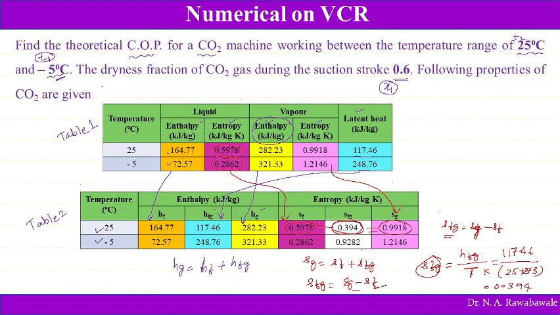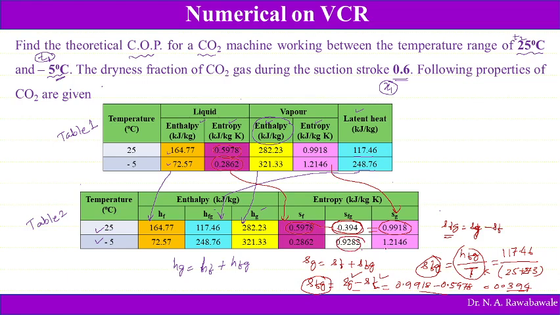Again, Sg is 0.9918 minus 0.5978, which works out as 0.394. So by two ways, from the enthalpy we can find Sfg, or from Sg and Sf, the same value.